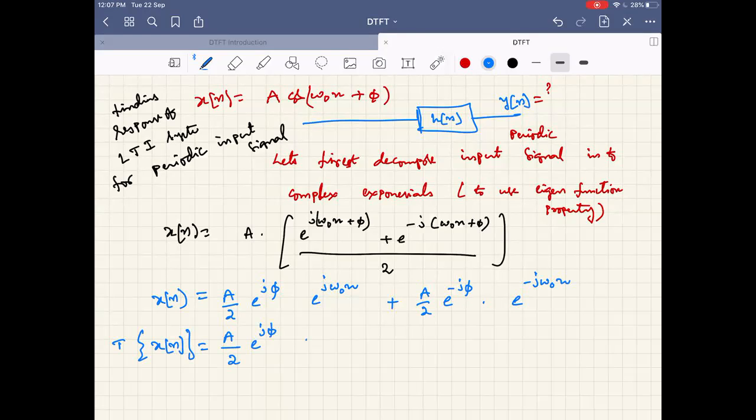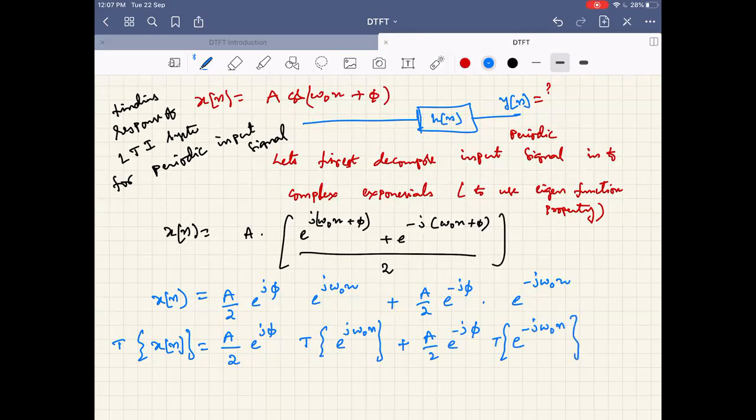So transformation on the signal, using which property am I writing this? Taking the constant out and applying the transformation over the summation uses the homogeneity and superposition properties, or the linearity property. I hope you are clear.